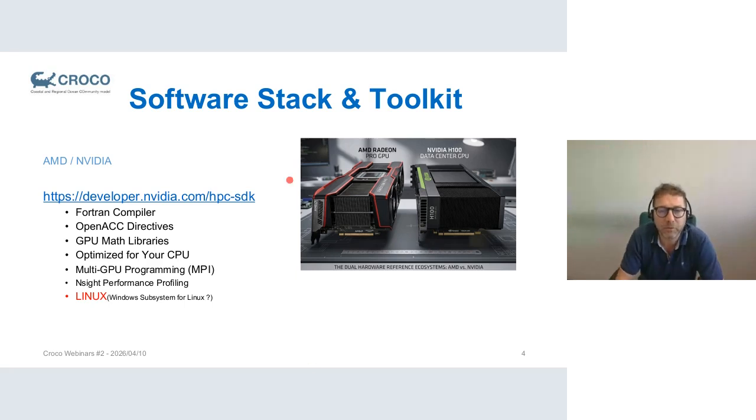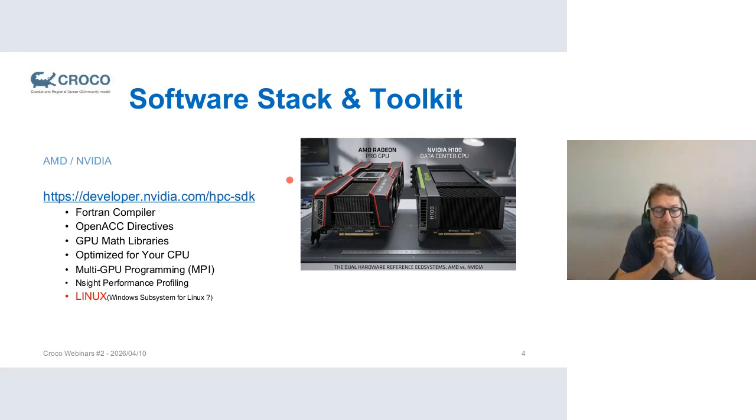There are two main constructors of GPU, AMD and NVIDIA. We tried to use AMD a few years ago, but there is a problem with MPI communication between GPU and GPU in different nodes. And NVIDIA is much more mature, because about 20 years ago, they had the idea to use graphic cards for scientific calculation.